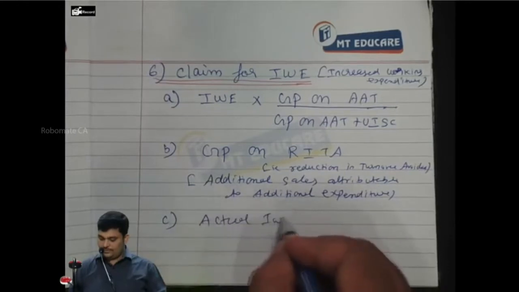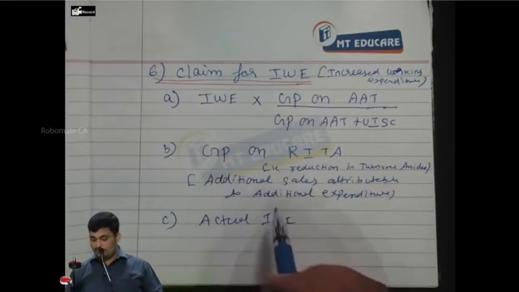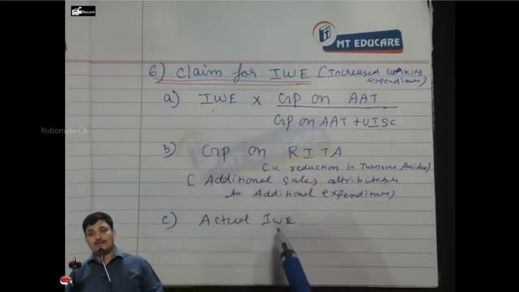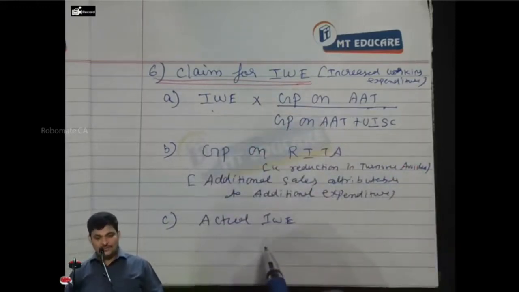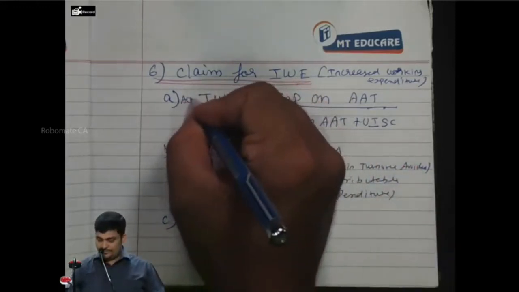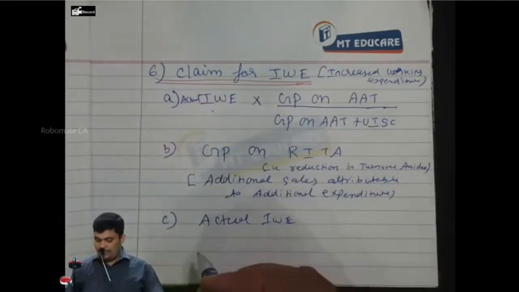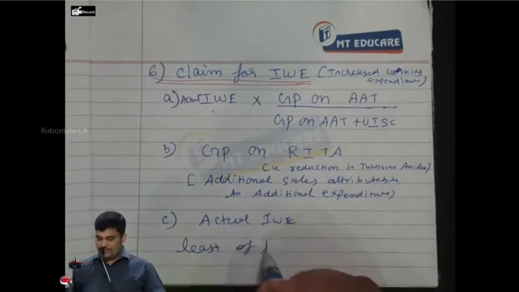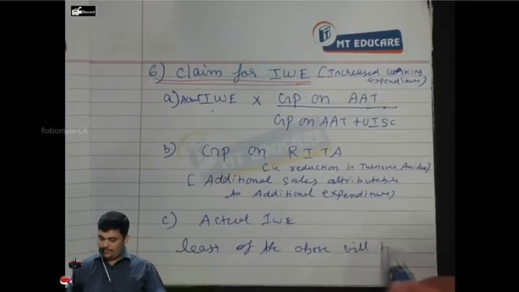Actual IWE. Since I use the term actual IWE, immediately students are misunderstanding. Both are same only. We are telling it is the actual amount which has been spent. So this is how the least of the above will be the claim.